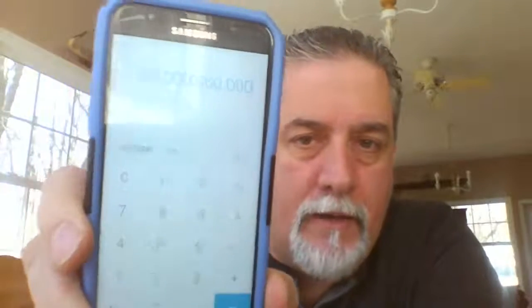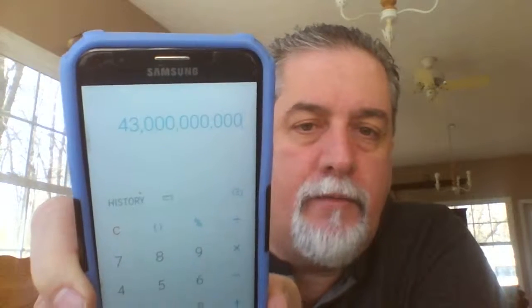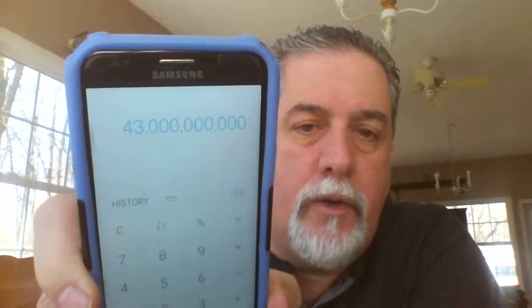My calculator on my phone has 43 trillion in there. If I wanted to use a calculator to figure this out, I would just take that and divide it by 10 trillion. 1, 2, 3, 4, 5, 6, 7, 8, 9. And so you can see the math up there.